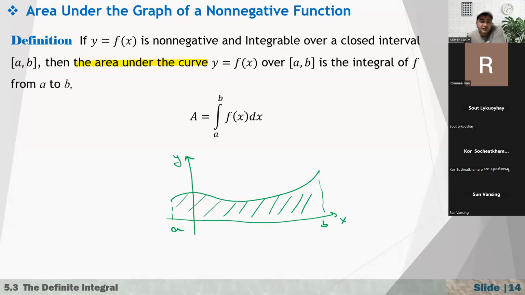So this definition is saying that if you want to find the area, just evaluate this definite integral. If y equals f of x, and you evaluate this definite integral, the result can be interpreted as the area of the region under this curve, bounded by the vertical lines x equals a and x equals b.